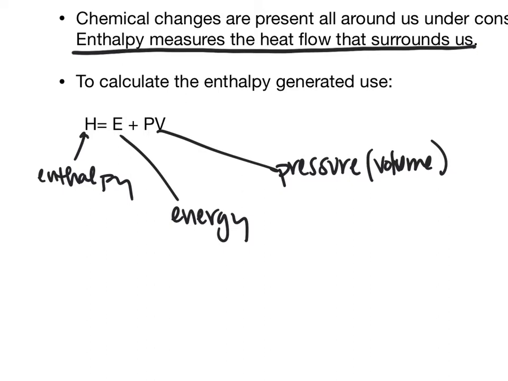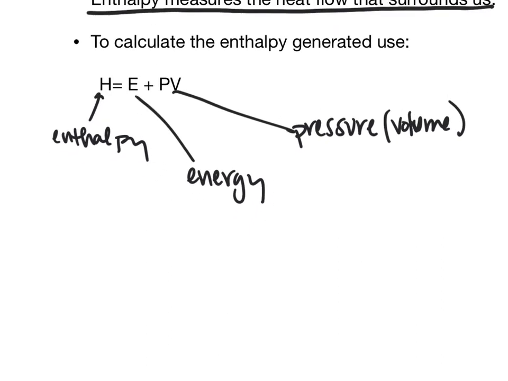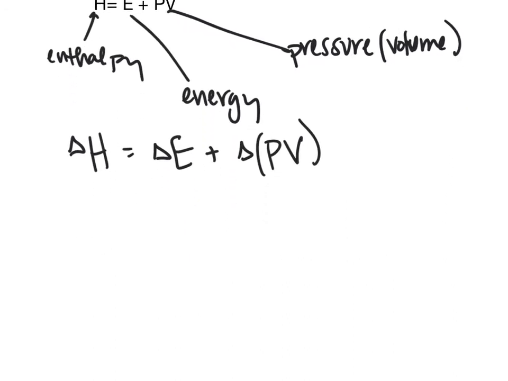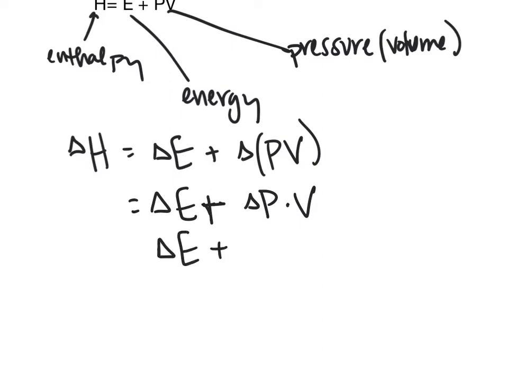So we can't really solve for E, but we can calculate the change. If we want to calculate the change in H, it's going to be equal to change in E plus the change in P times V, which is equal to delta E plus delta P times V, or delta E plus pressure times the change in volume.